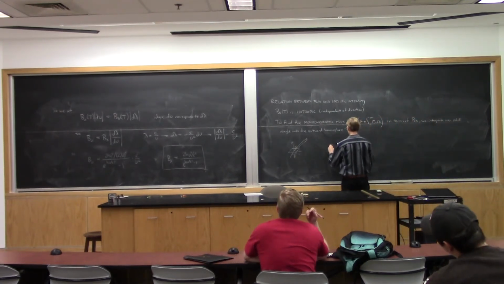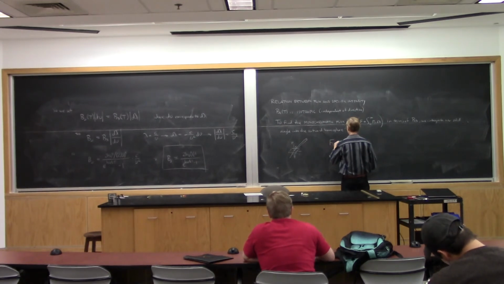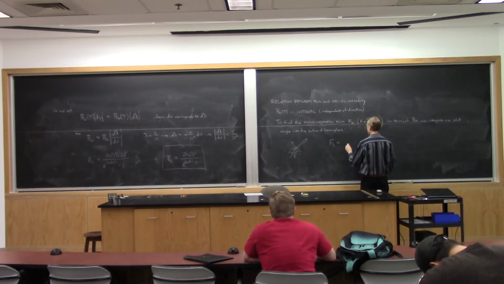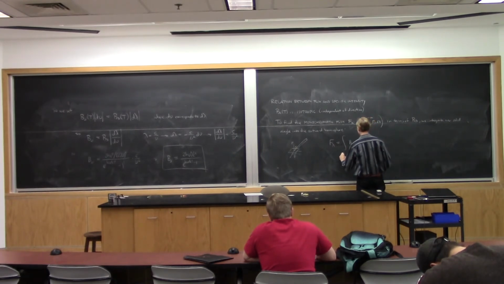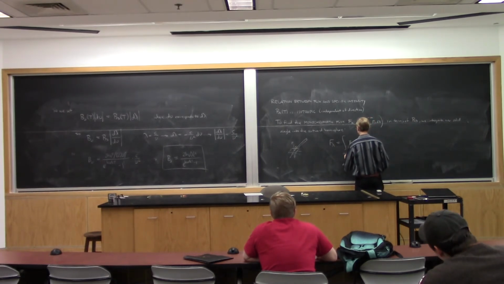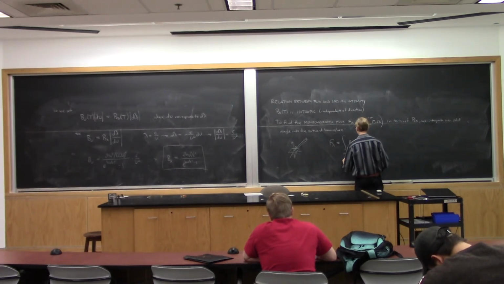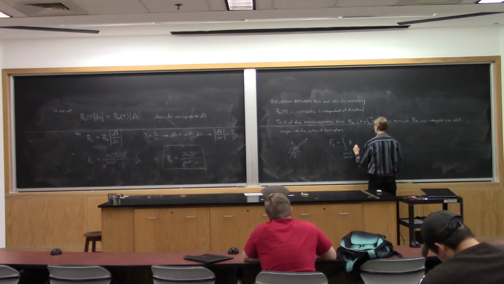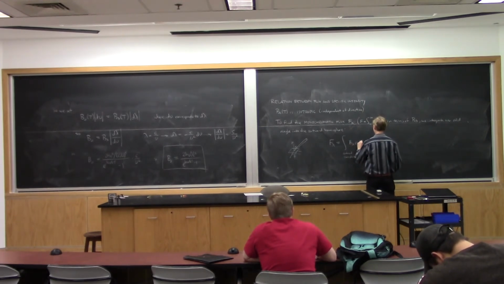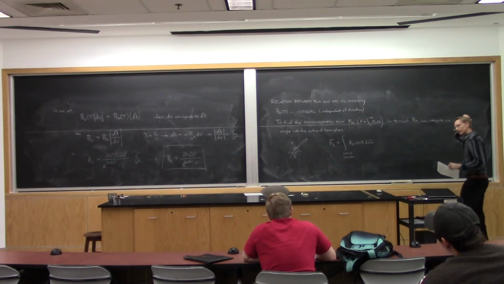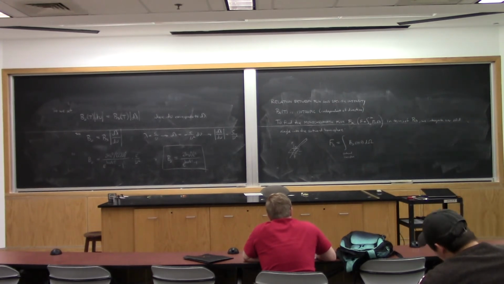What that means is that for F lambda, I want to integrate over solid angle over the outward hemisphere. F lambda is the integral of B lambda cosine theta d omega.